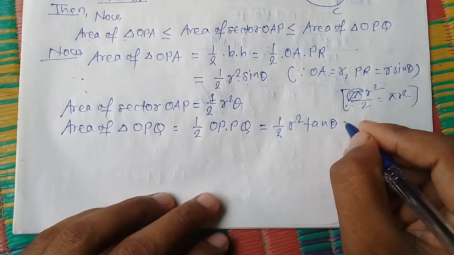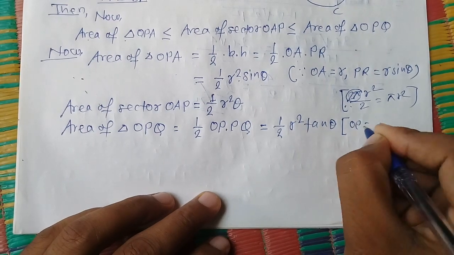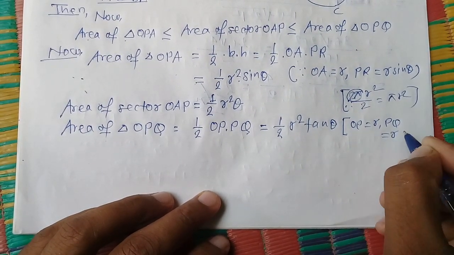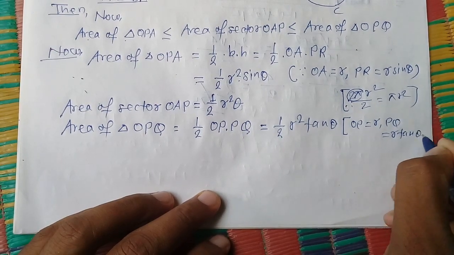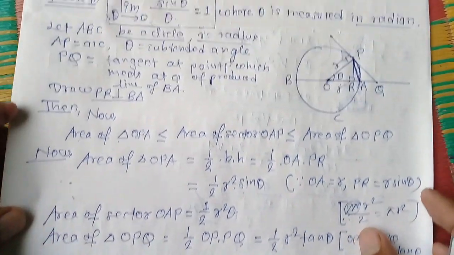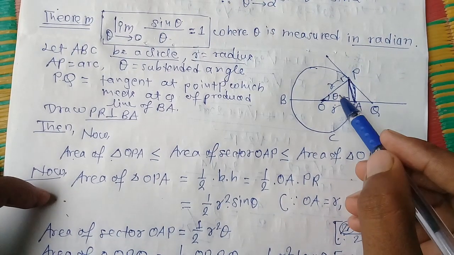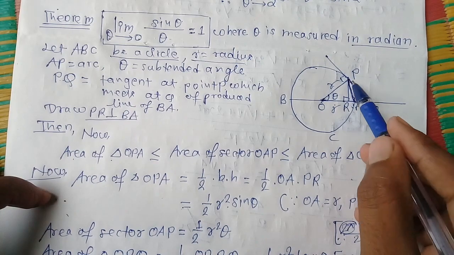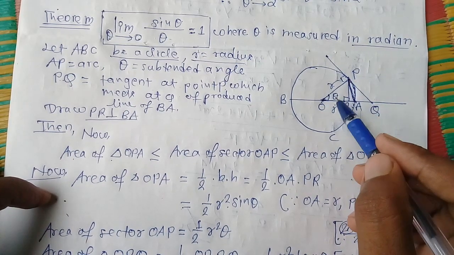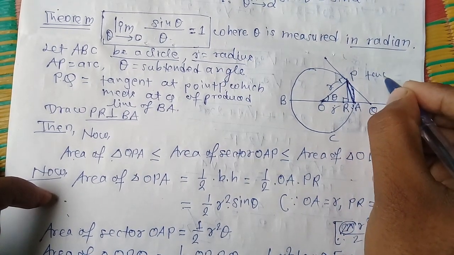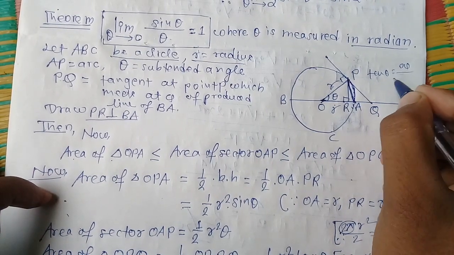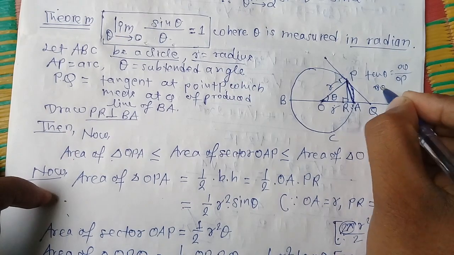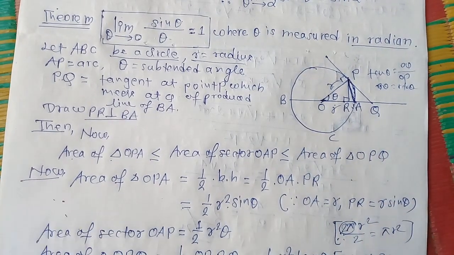Here OP is equal to r and PQ is equal to r tan theta. Tan theta is equal to P by B. So PQ is P, and OP is B. So tan theta is equal to PQ by OP. So PQ is equal to r tan theta.